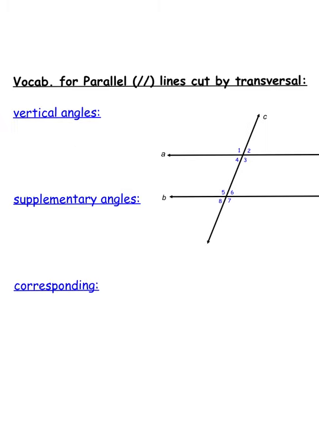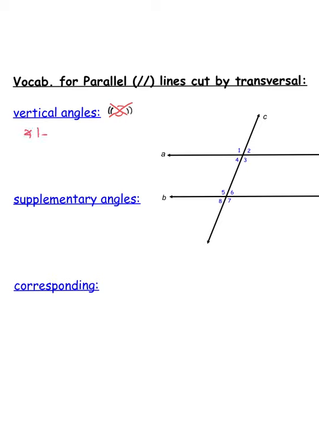So there's some vocabulary that you need to know about parallel lines cut by a transversal. The first is vertical angles. If you remember from the other day, we said vertical angles are any angles that are formed when you have an X. So this and this would be vertical, or if we marked this side here, would be vertical to this side here. So looking at the picture, there are several vertical angles.